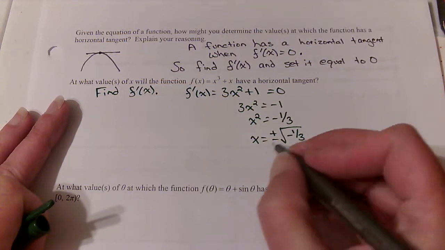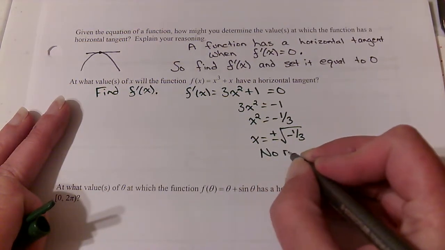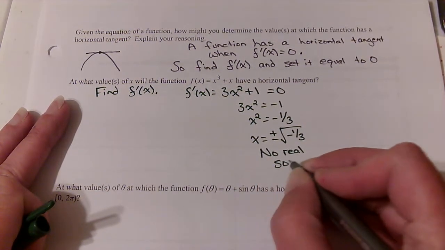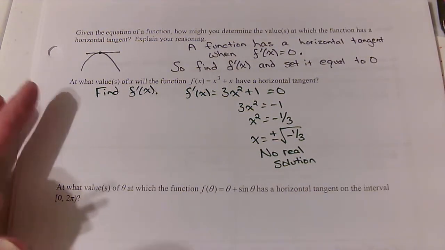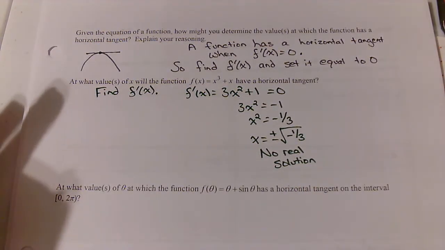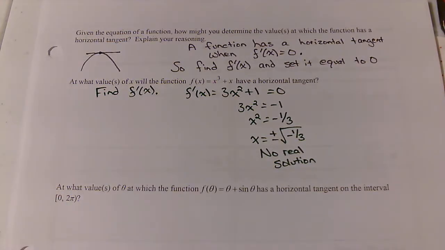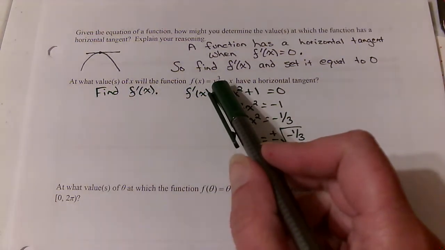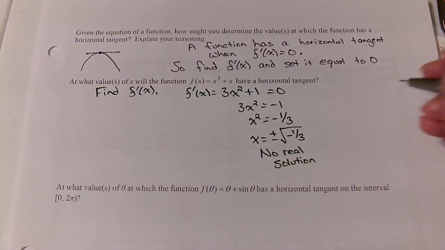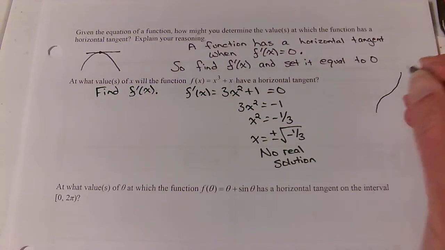So there is no real solution. So what does this mean? It means that we never have a horizontal tangent. And if we think about this graph, x cubed, that's, you know, like that.